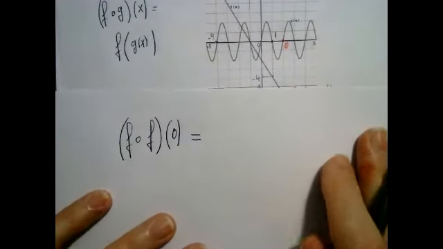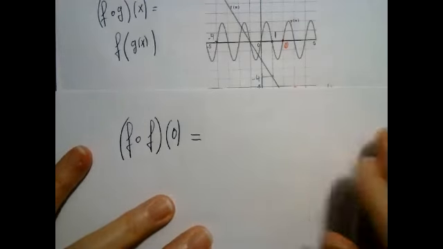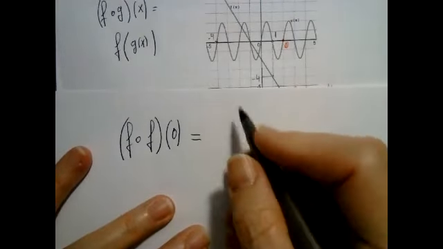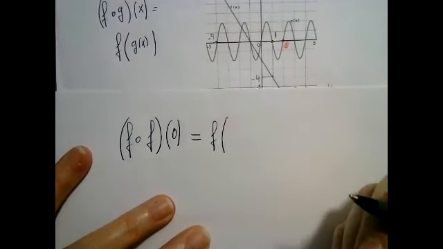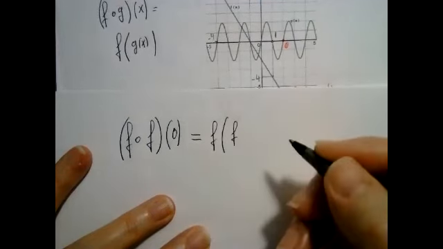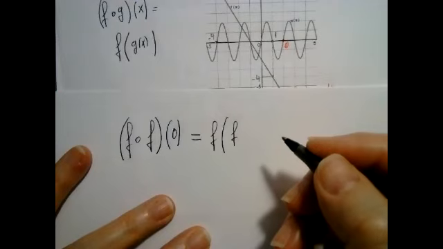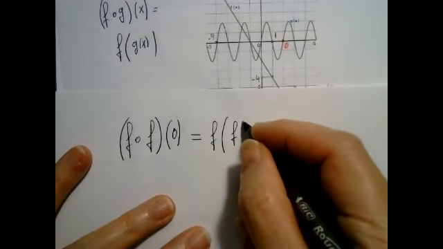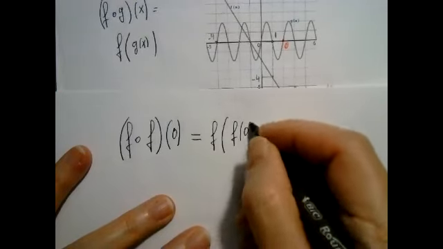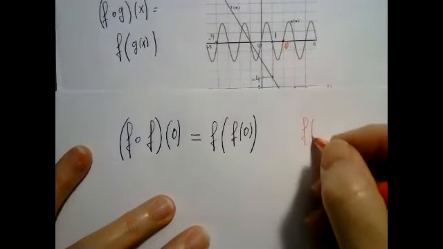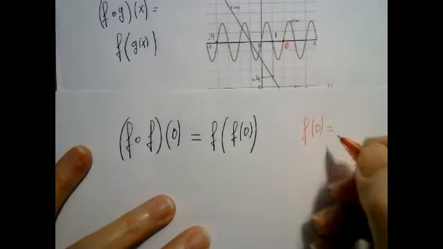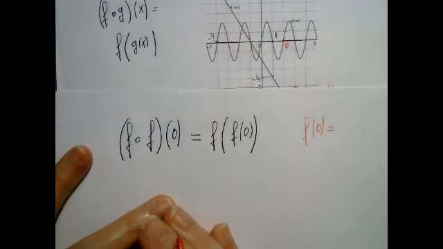So it'd be f of f of 0. And what's f of 0? 0, right?